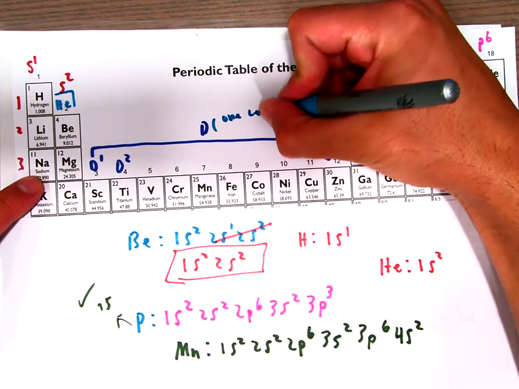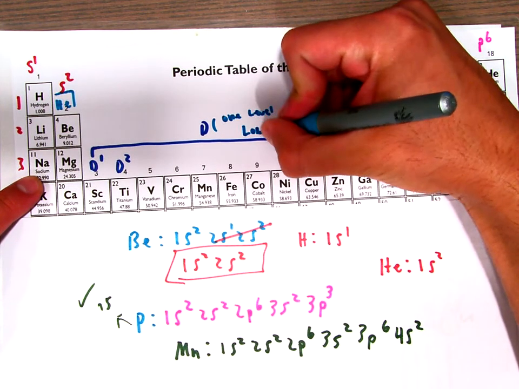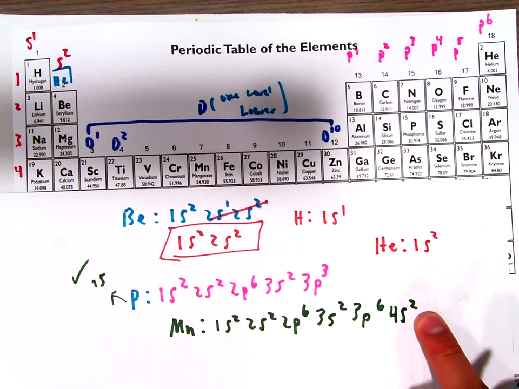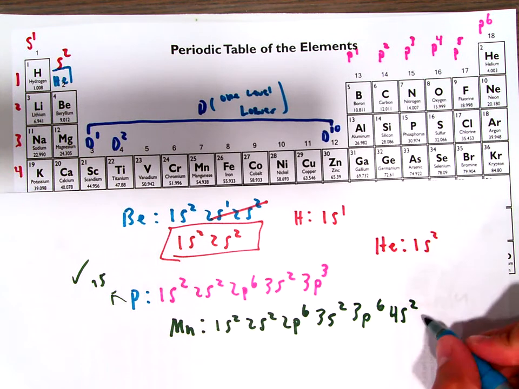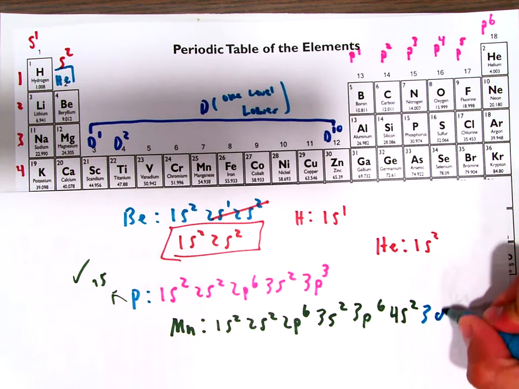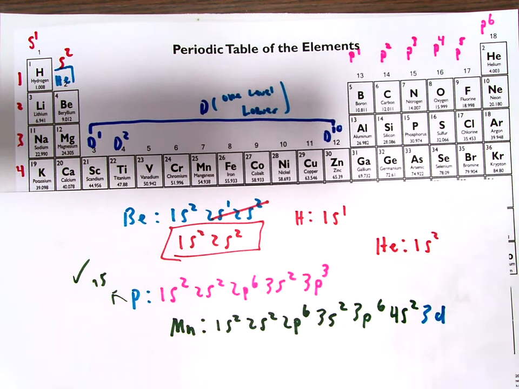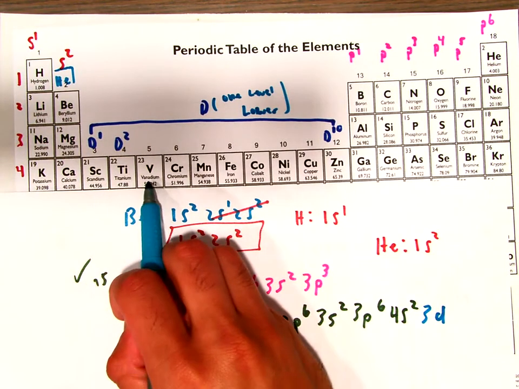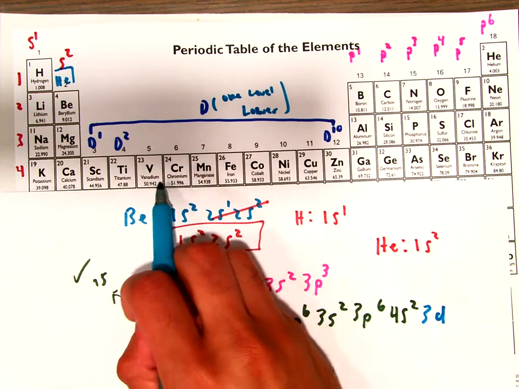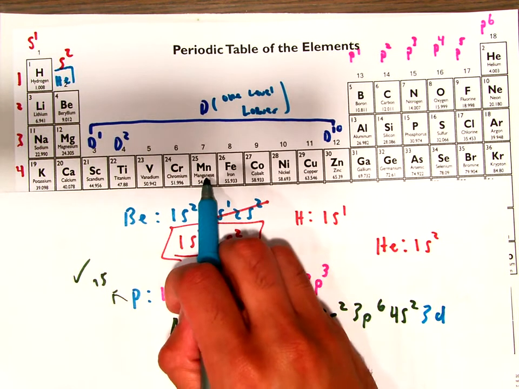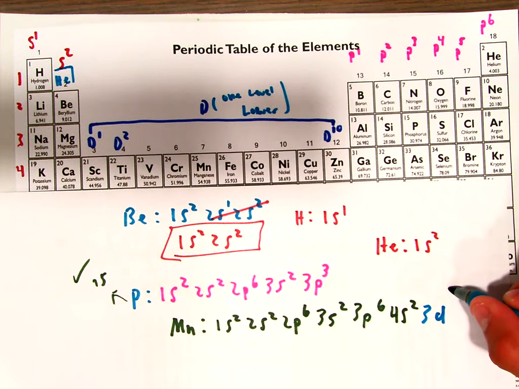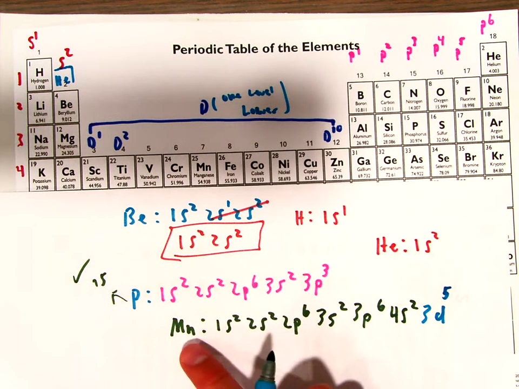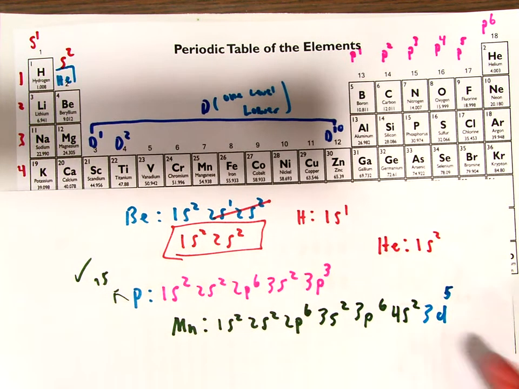So rather than being 4, this is actually going to be 3D. Okay? So it's 3D1, 3D2, 3D3, 3D4, 3D5. This would be 3D5. And if you counted them up, you would see that you have 25 electrons.